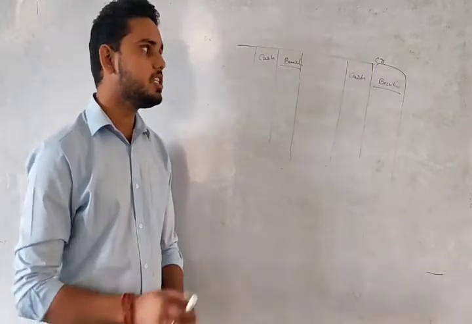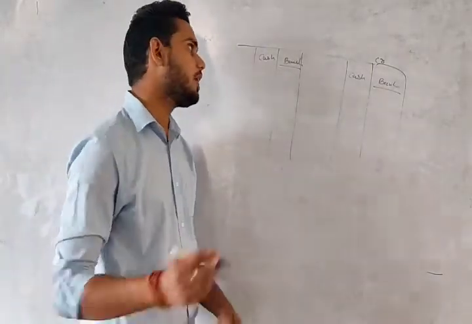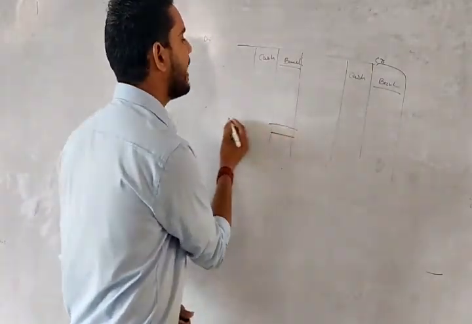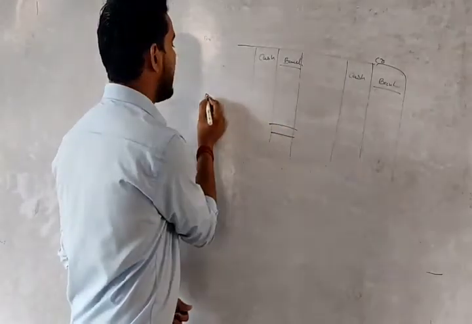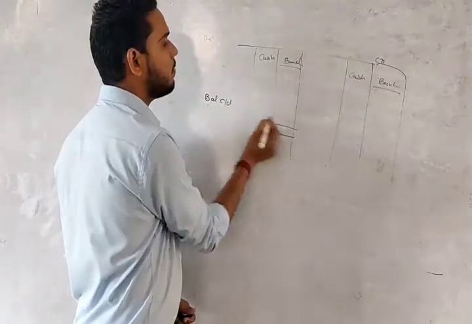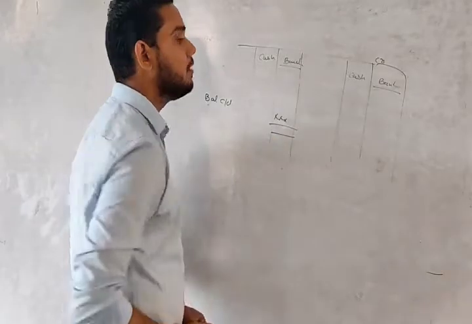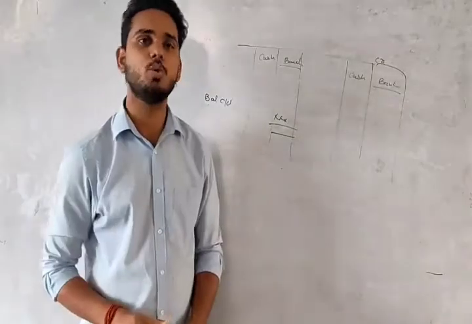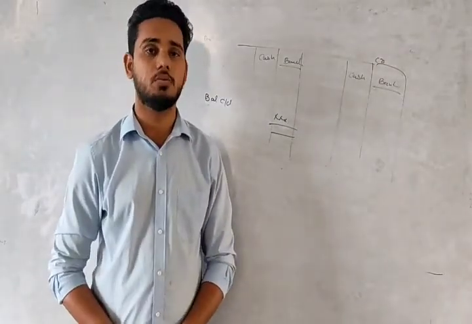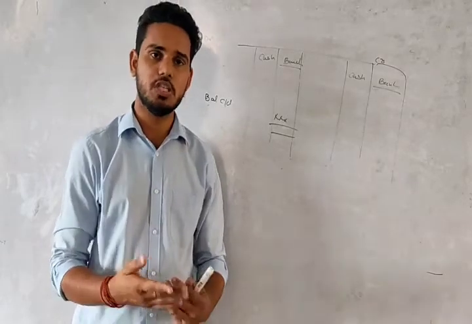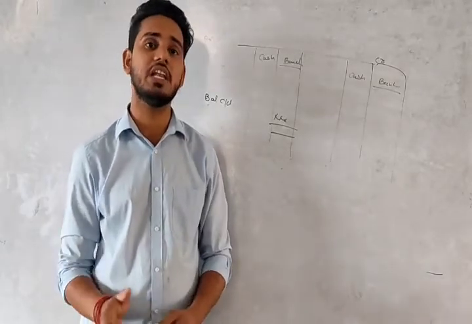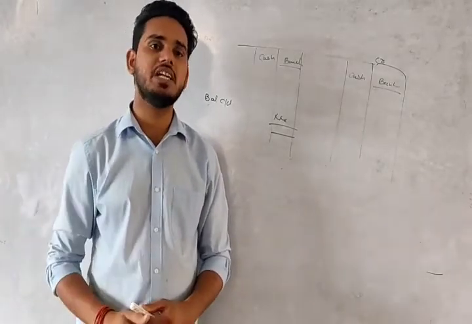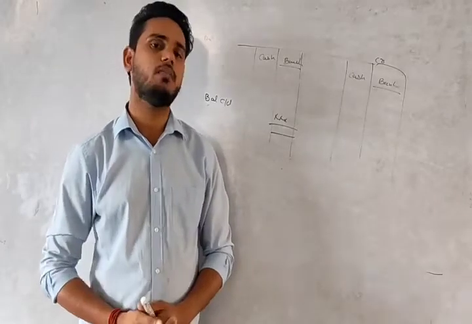On the basis of this, we can say that whatever balance you get from this bank column will be the actual balance in your bank account, right? Because this should be the actual balance present at the current time in our bank account.